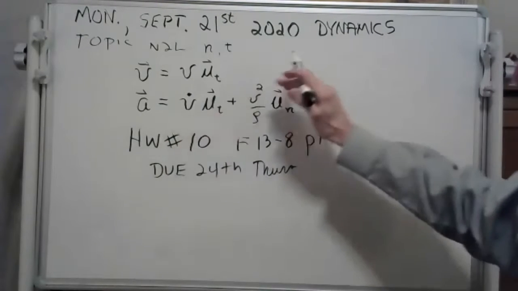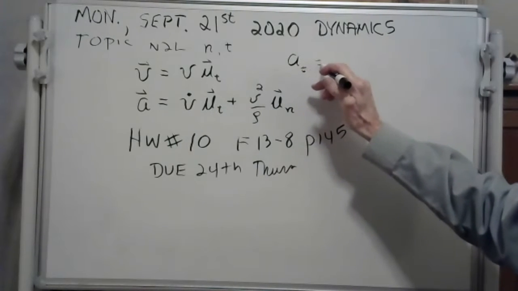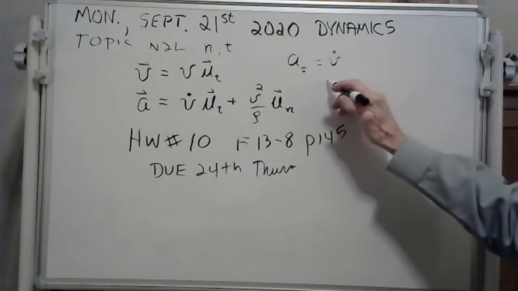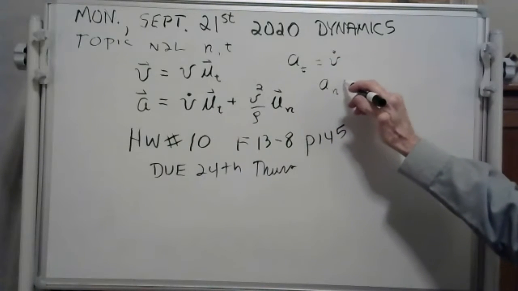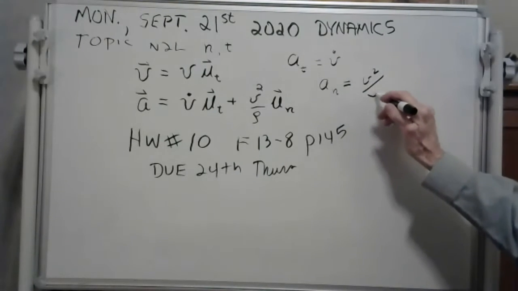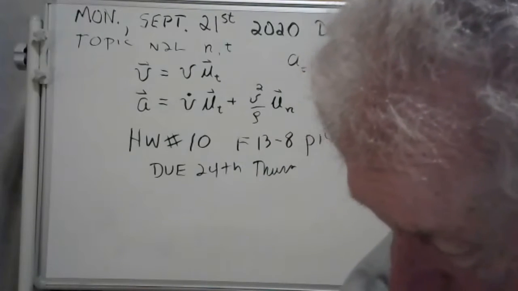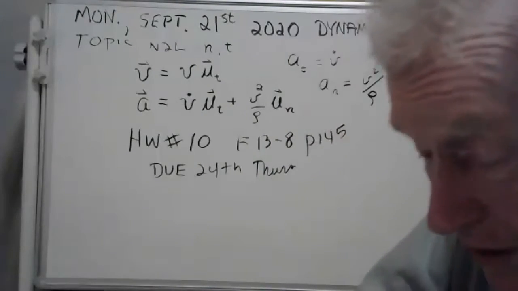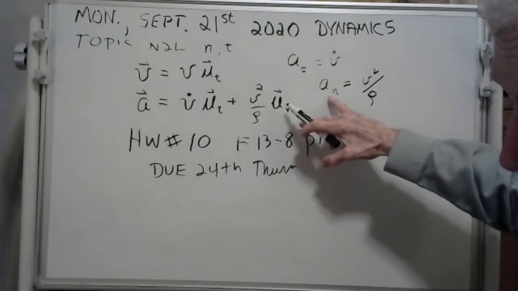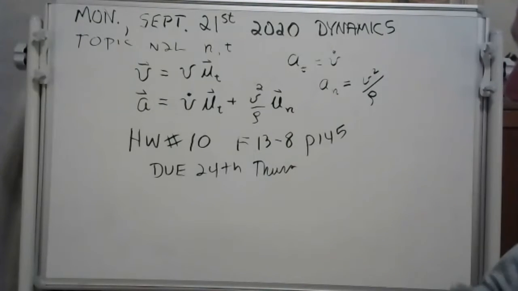Instead of writing it like this, they'll say A with a little t on it equals V dot. And this here, they'll say A with a little n on it is equal to this here. They're just saying the same thing. This here is called the tangential component of the acceleration, and this is the normal acceleration, or you could say the normal component.